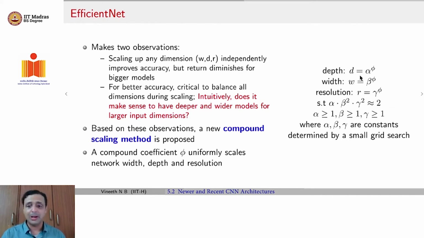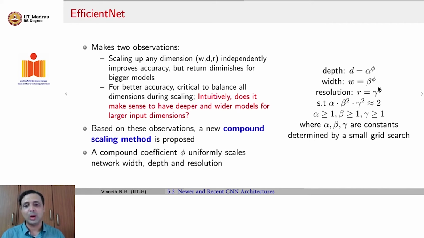So now when you multiply all these, the new d, w, r will be alpha into old d, into beta into old w, into gamma into old r. Because d, w and r were old ones, the new factor which gets added will be alpha into beta square into gamma square, because that's how things will increase now, which will now be 2.